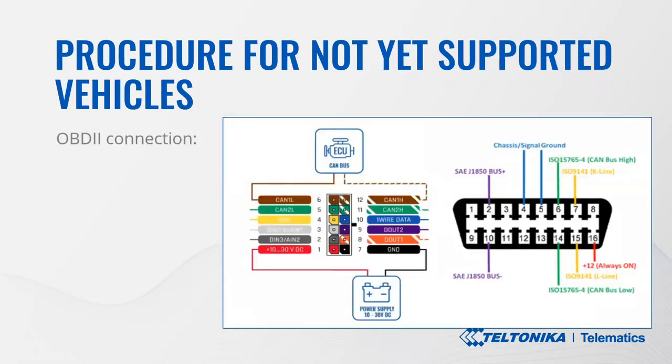FMB 140 CAN1L and CAN1H wires have to be connected to OBD connector pin 14 and pin 6. That's all for the connection in regards to the OBD port.